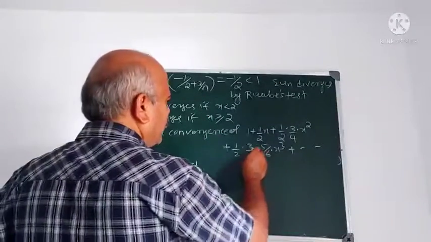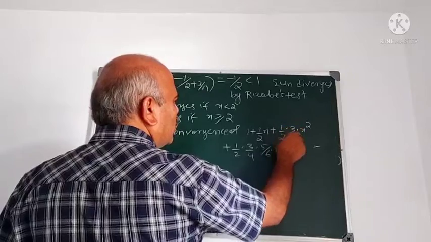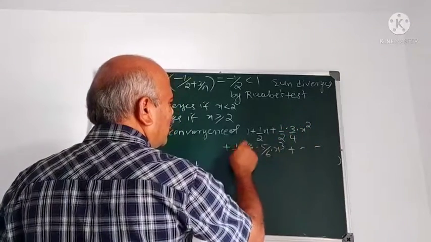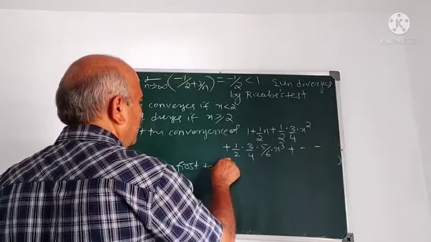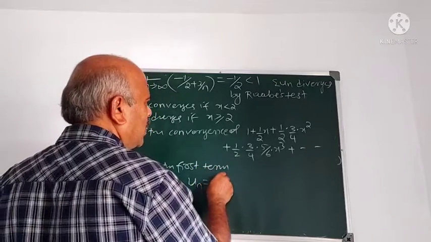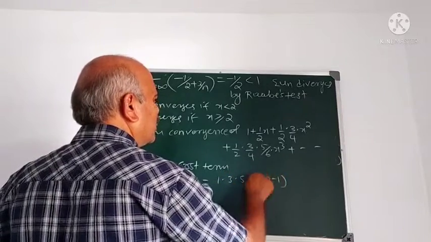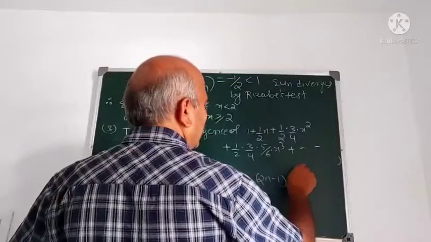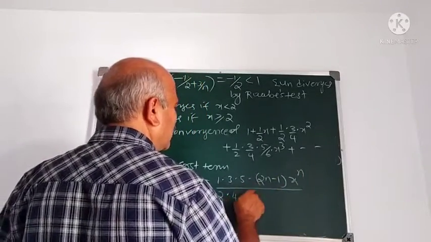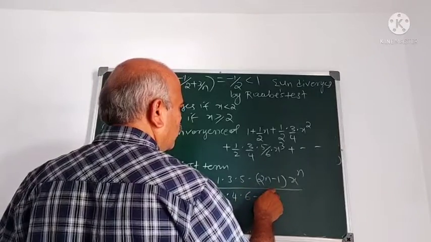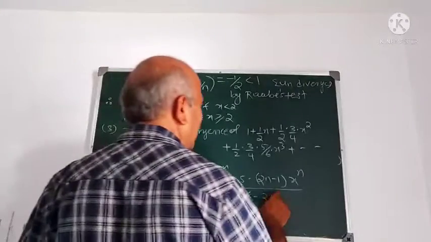So what do you get? First term is 1 upon 2x. Second term is 1 into 3, 2 into 4, x square. 1, 3, 5. Therefore, un is 1, 3, 5, etc. 2n minus 1 into x raised to n divided by 2, 4, 6, etc. 2n.